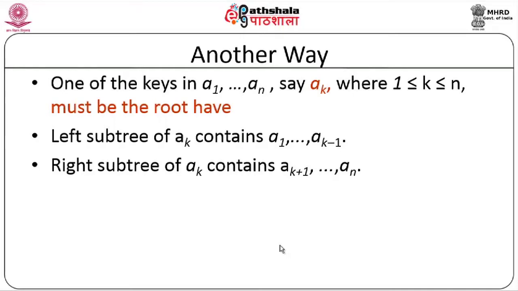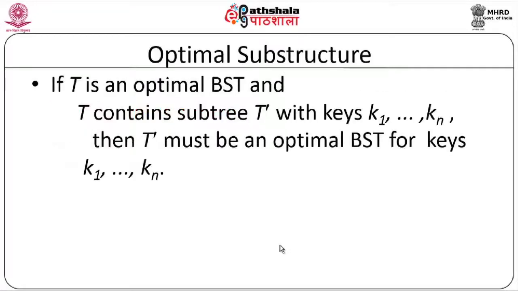Similarly, the right subtree of AK is going to contain the keys AK plus 1, AK plus 2, and so on up to AN. In other words, we can construct the tree using the arbitrary A of k, and we can find the cost.